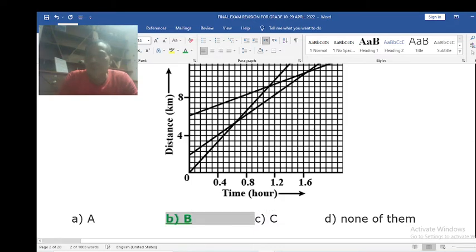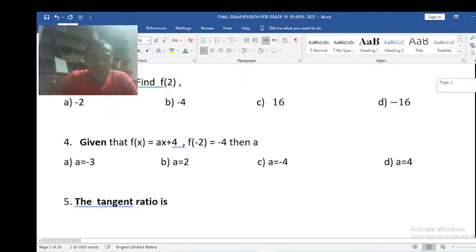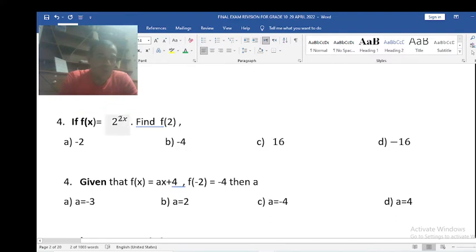For the next question, we have: if f of x equals 2 to the power 2x, find f of 2.